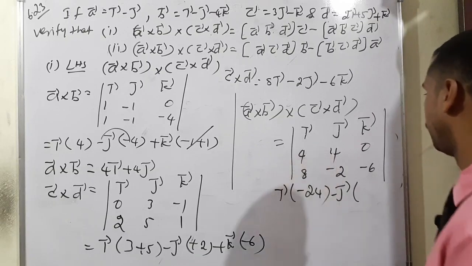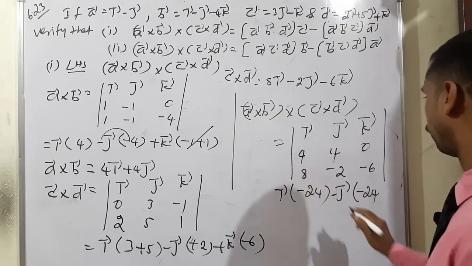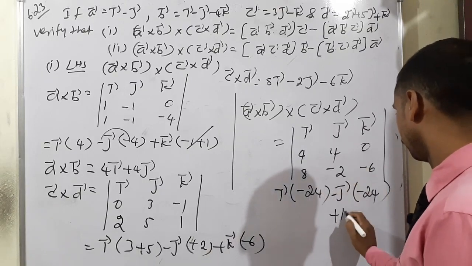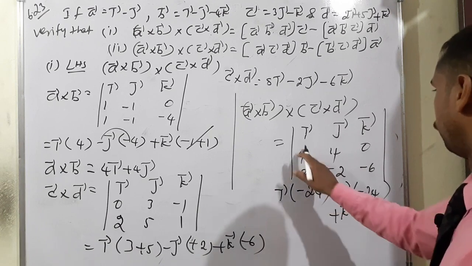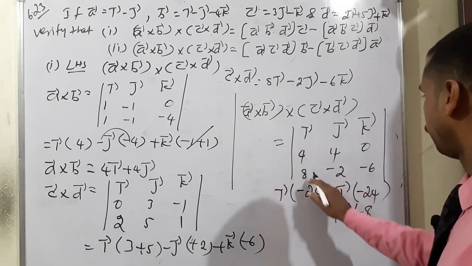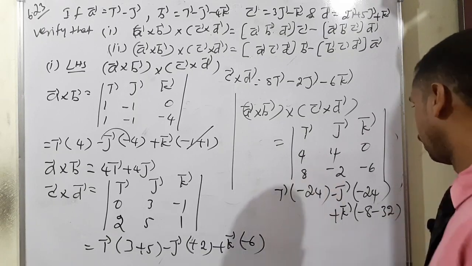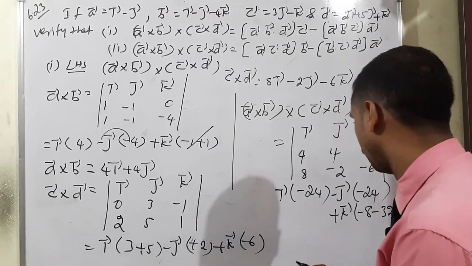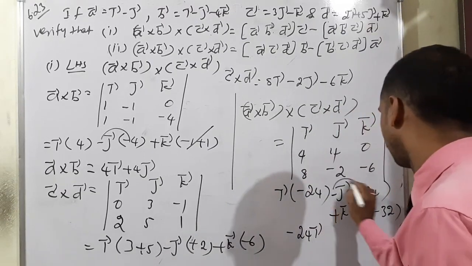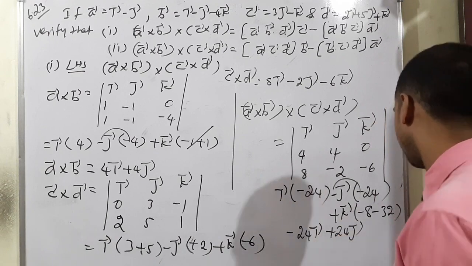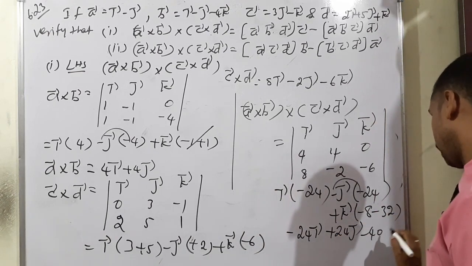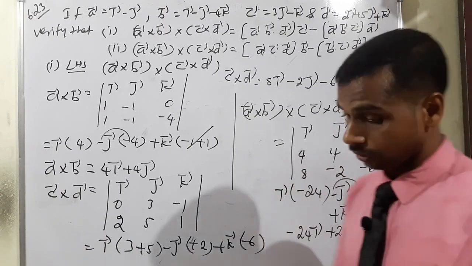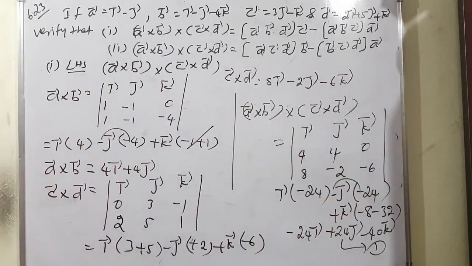Again minus j vector means 4 into minus 6 minus 24, there is also 0, isn't it? So now next condition, plus k vector means 4 into minus 2 minus 8, 8 4s are 32 but minus 32. Therefore, minus 24i vector minus into minus plus 24j vector minus 8 minus 32 means minus 40k vector. This is called equation number 1. Okay. Question number 1 in left hand side value, okay.